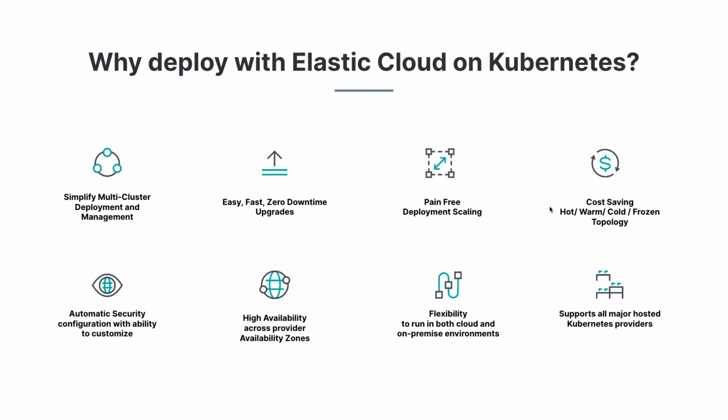And what you can also do with the Kubernetes operator is more advanced deployments. So what I did now with first 1 node and 3 nodes, then you can, of course, have a more advanced setup with hot, warm, cold, and frozen nodes to make it cheaper for time series use cases.